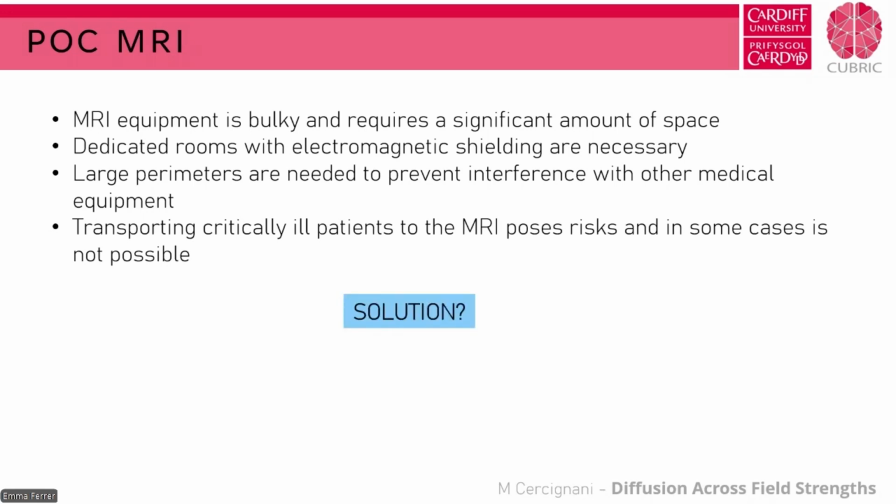So what is the solution? Well, if you can't bring the patient to the MRI, perhaps you can bring the MRI to the patient. And this is where point of care MRI really aims to go.